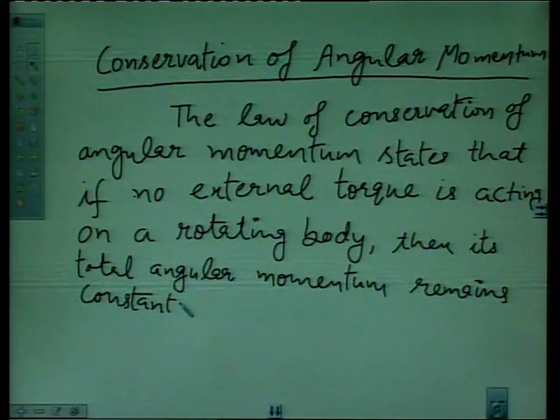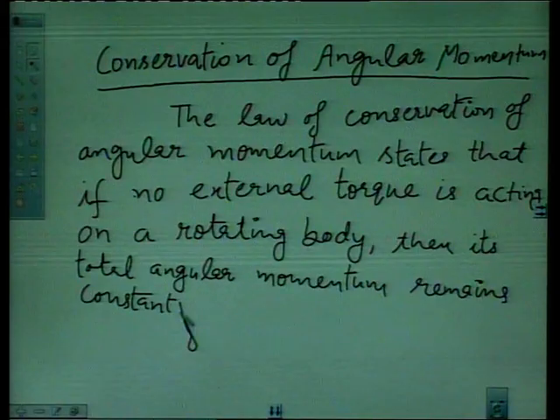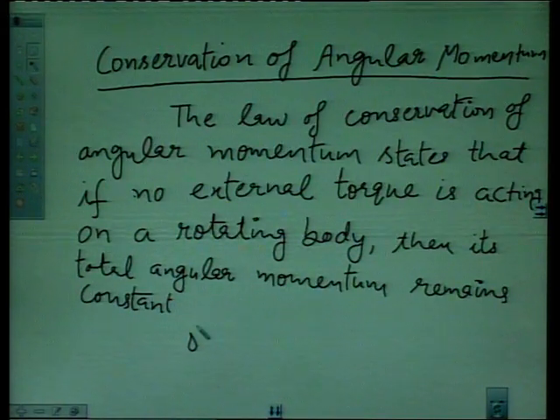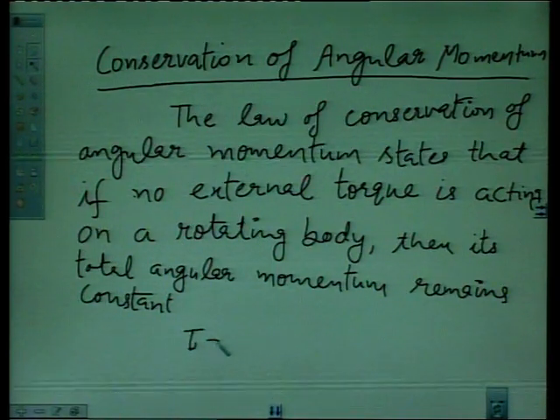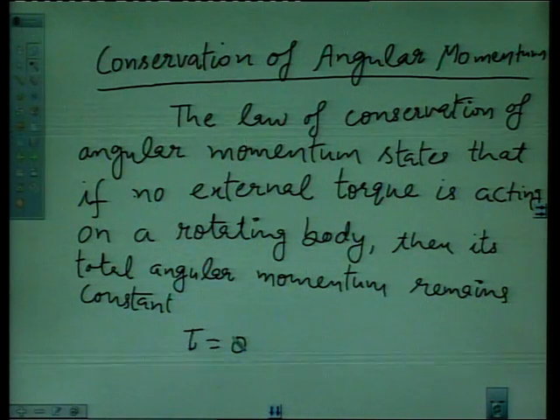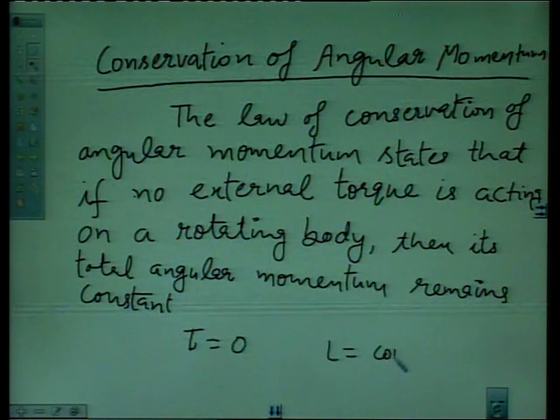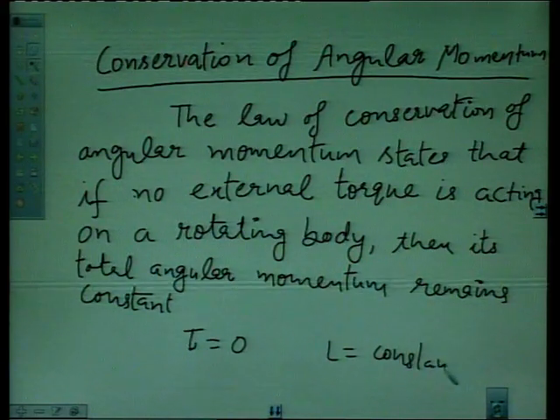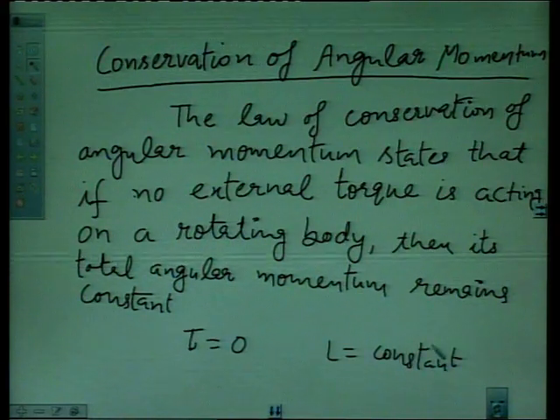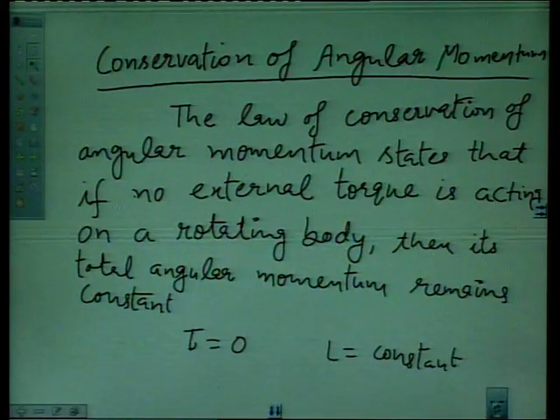Same is the case here: if the torque acting on a system is 0, then L is constant. L is the angular momentum. So, we can prove it. So, we have its proof.